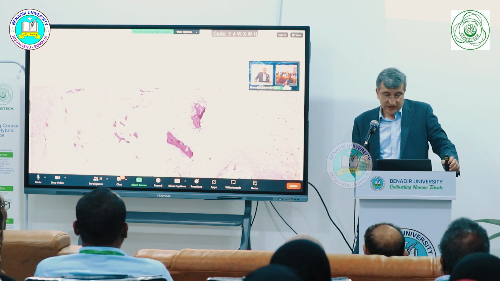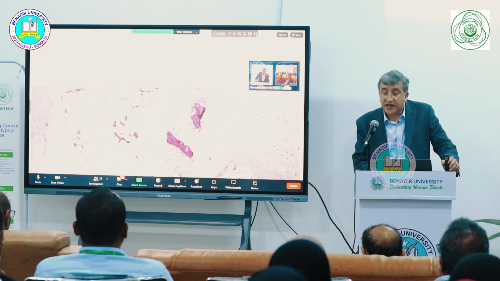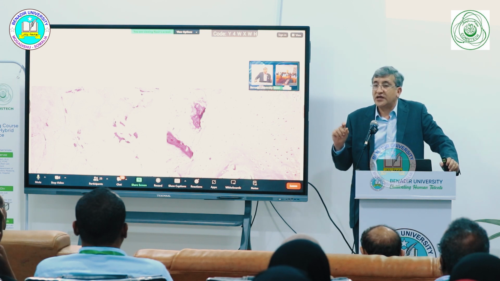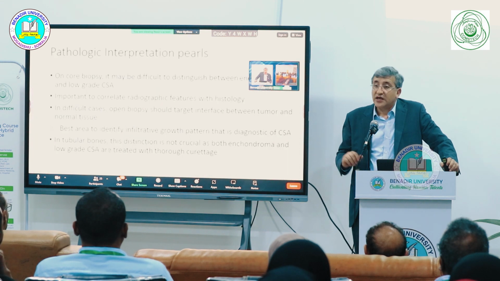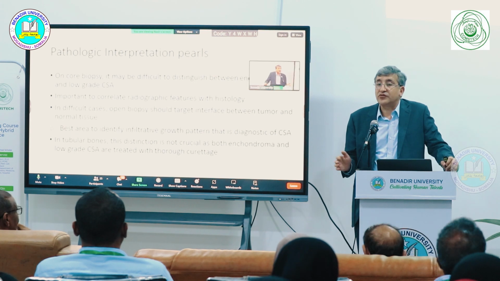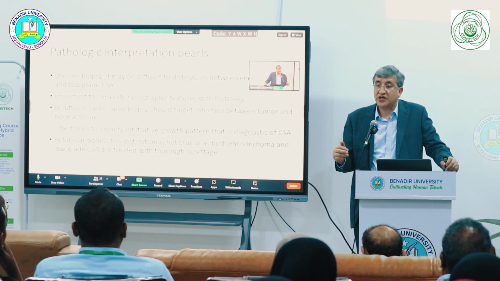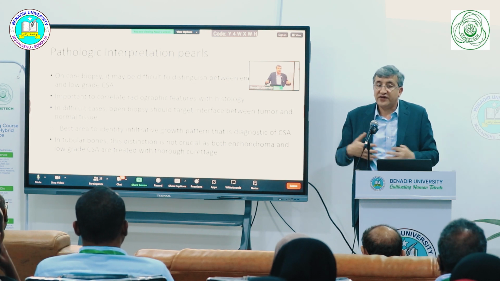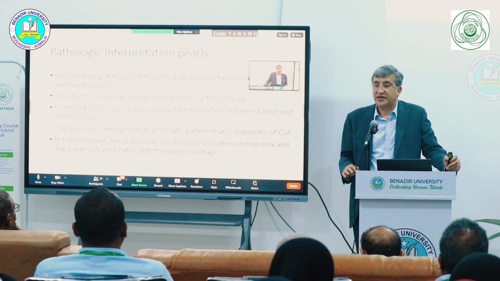But what about when the core biopsy or tissue biopsy samples only the lesional tissue and not the normal tissue? In that case, it is difficult to differentiate enchondroma from chondrosarcoma. So enchondroma versus grade 1 chondrosarcoma, only the infiltration of the bone differentiates benign from malignant.